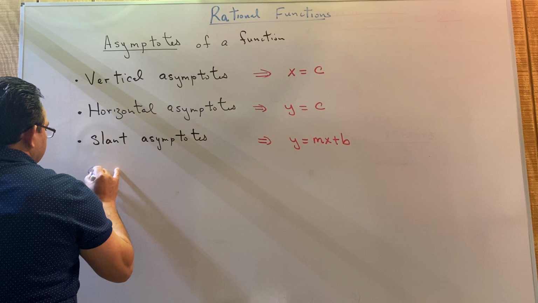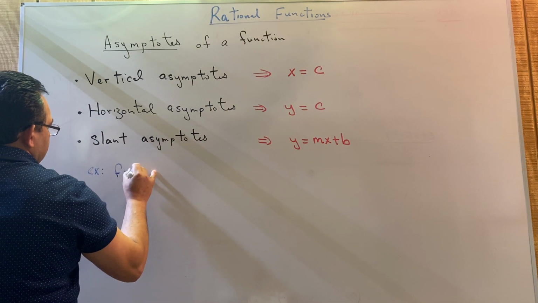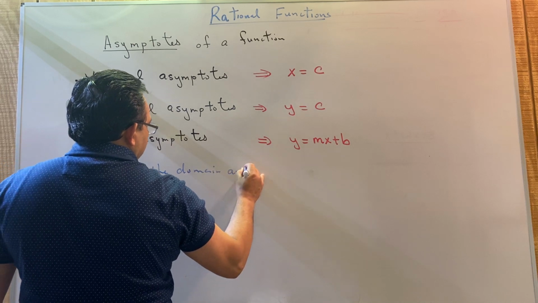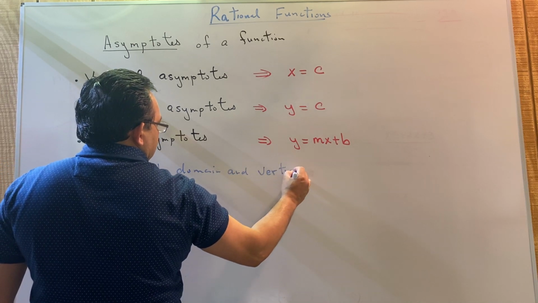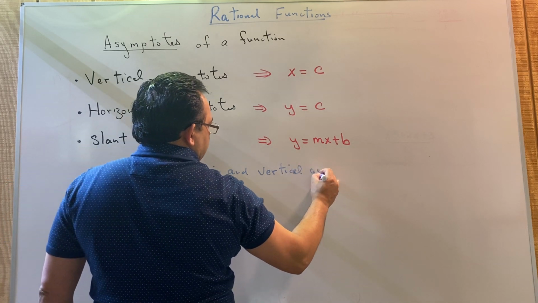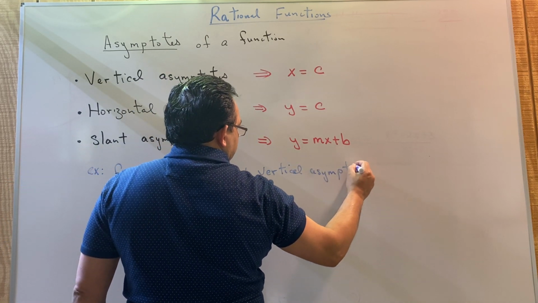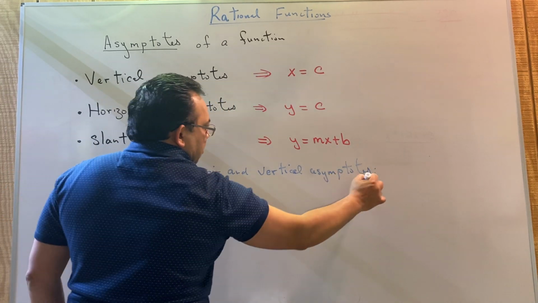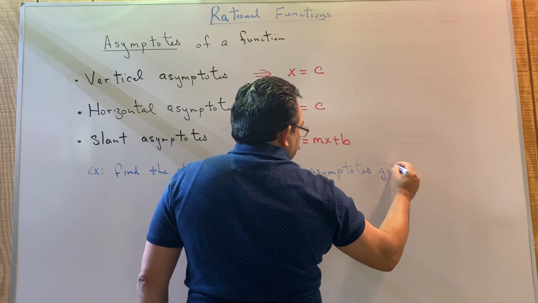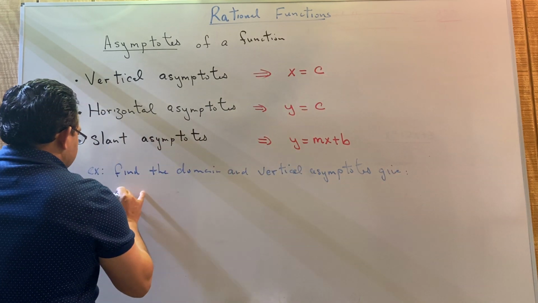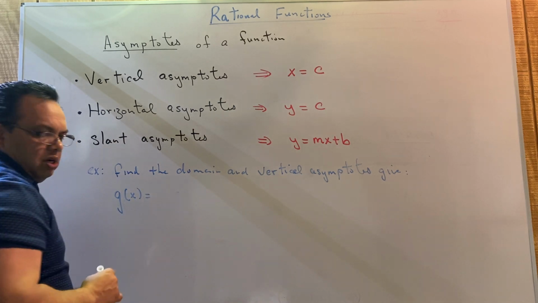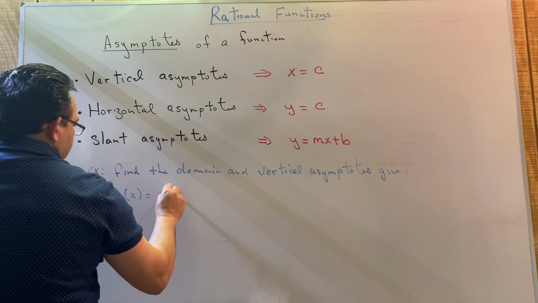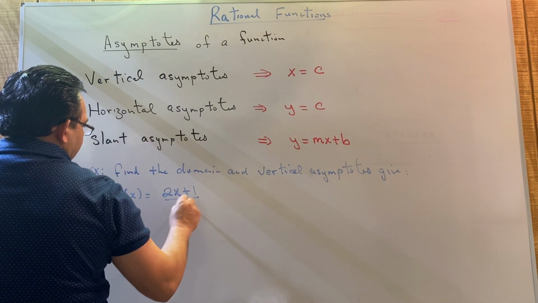Example: find the domain and vertical asymptotes of the given g of x equal to 2x plus 1 over x plus 1.